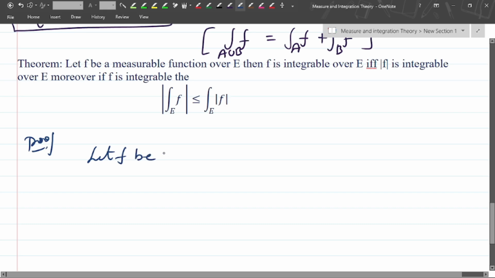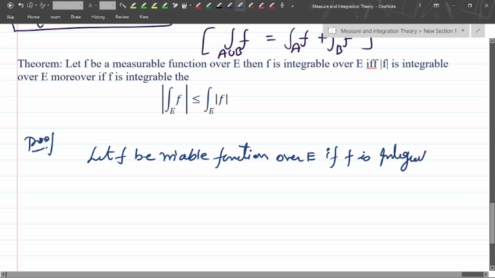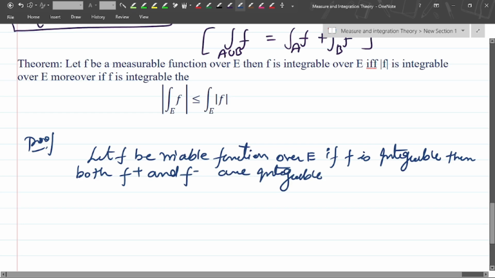Let f be a measurable function over E. If f is integrable, then both parts, f plus and f minus, are integrable.